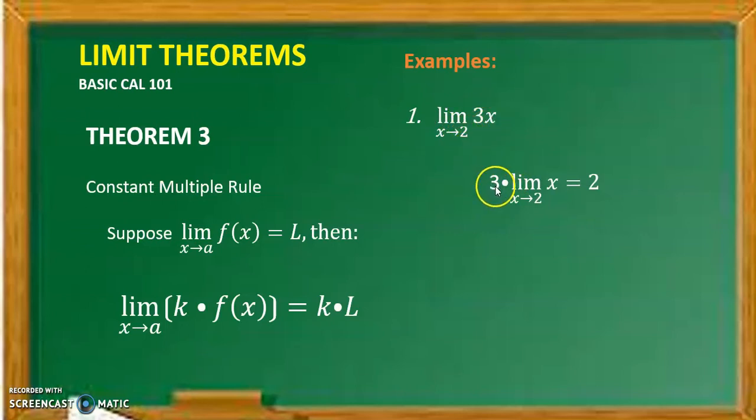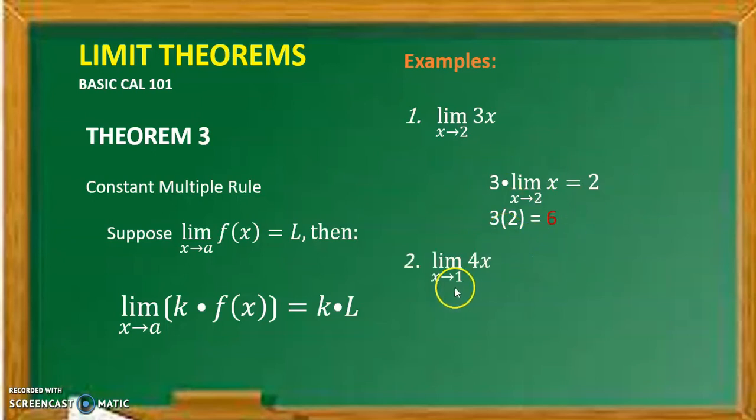So, that is equal to 3 times the limit of x when x approaches 2, which, using theorem number 2, is equal to 2. And therefore, that would be 3 times 2, or therefore, it is equal to 6. Okay? That would be equal to 6.